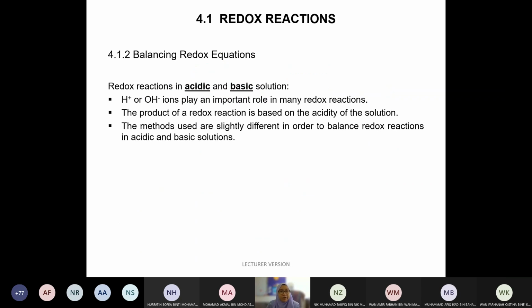Okay, that is a simple version of balancing a redox equation. Next, this is what questions normally like to ask in exams. You have to balance the redox reaction in acidic and also basic solution. Acidic means there is a presence of H+. Basic, on the other hand, means there is a presence of OH-.